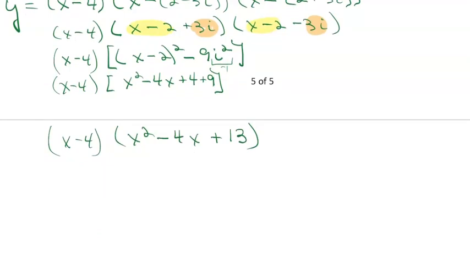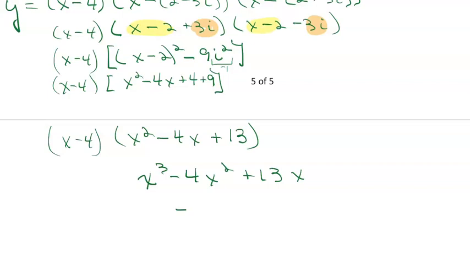What I'm going to do now is distribute the x minus 4 to each of the terms in the trinomial. So this is a binomial times a trinomial. x times everything gets me x cubed minus 4x squared plus 13x. A negative 4 times everything, and I'm going to stagger this.